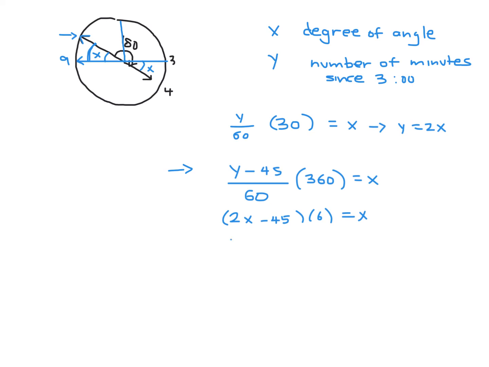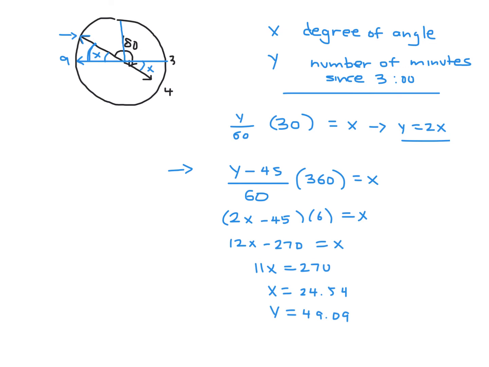Multiply this out: 12x minus 270 is equal to x, so 11x is equal to 270. Therefore x is 270 over 11, which is approximately 24.5, and y is 2 times that, which is 49.09. Since y is the number of minutes since 3 p.m., the time would be 3:49:09.